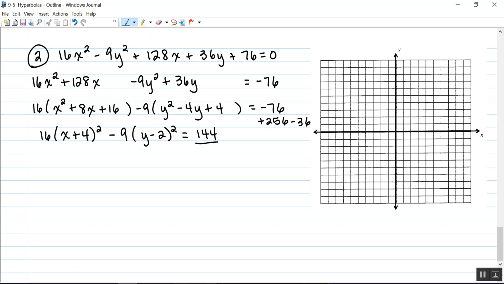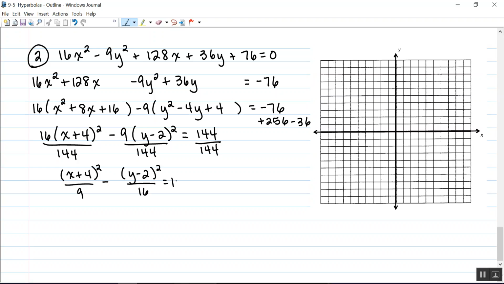And since my equation has to equal 1, I'll divide everything by 144. And that gives me my equation as (x + 4)² over 9 minus (y - 2)² over 16 equals 1.